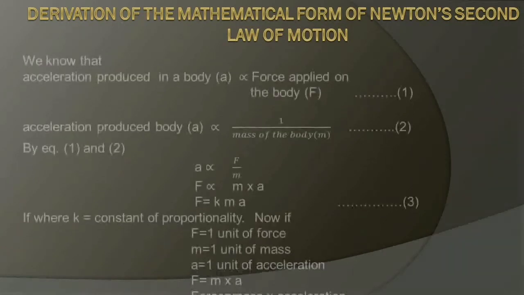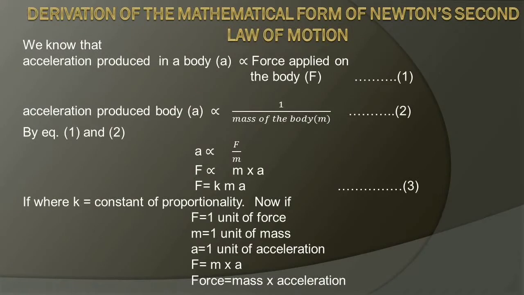Now we will see the alternative method of derivation of Newton's second law of motion, that is F is equal to m into a, where F is the force, m is the mass and a is the acceleration. As we have seen in the previous section, when a force is applied on a body, its velocity changes. So we can say that the force applied on a body produces an acceleration in it.